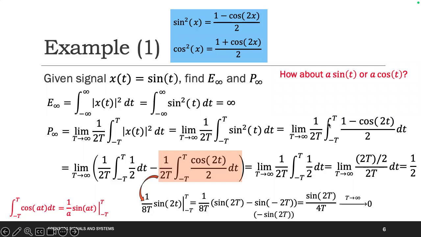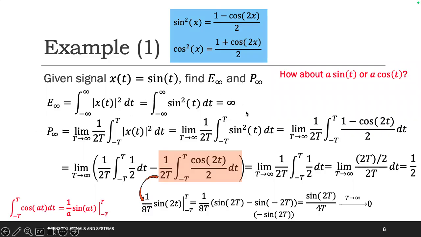Okay. How about a sin or a constant, like if there is a coefficient added, how about that? For the energy, if you give a coefficient, does the value change? Which means here will equal a square sin t square or a square cosine t. So will this part change?